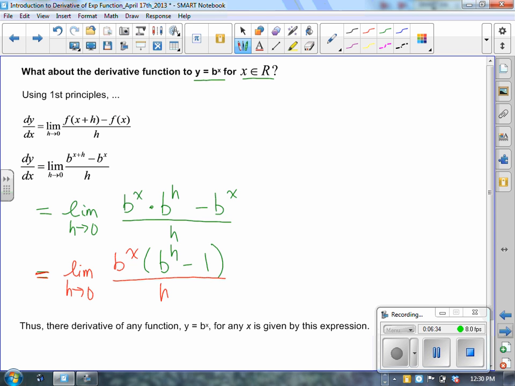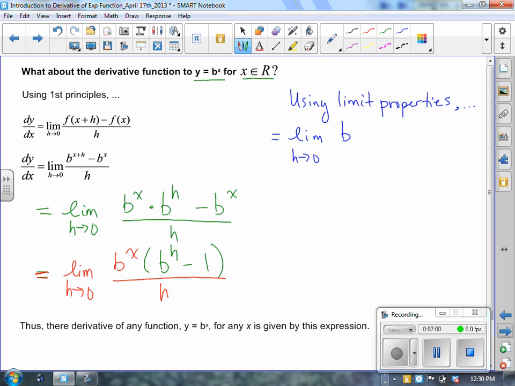Moving forward, we can apply particular properties of limits. Using the limit properties that were established at the beginning of the course, we're going to divide the limit into the product of two limits.